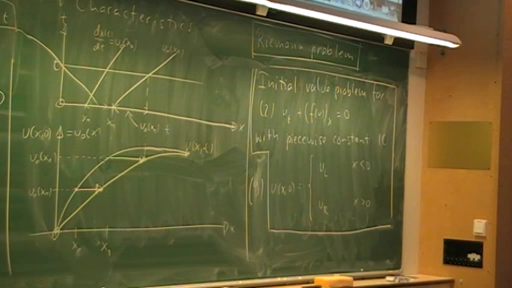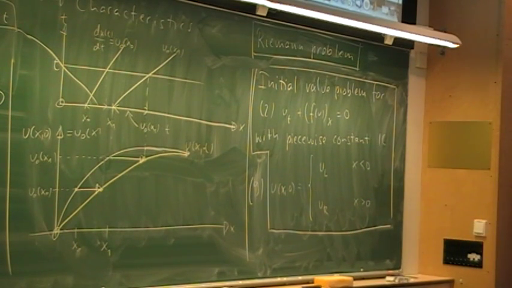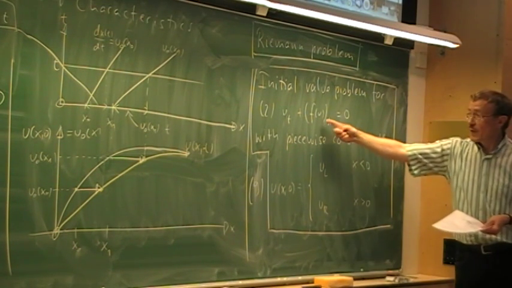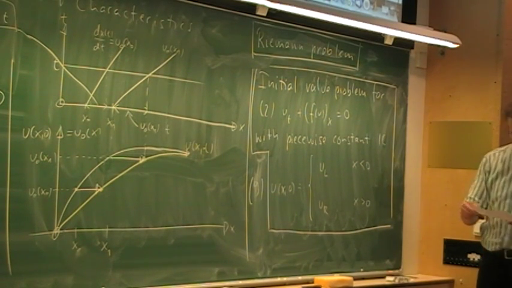So we have an initial condition that is constant to the left of 0 with ul and constant to the right with ur. And with that initial condition, we want to solve the 1D scalar conservation law. The name is due to Bernhard Riemann, the mathematician who investigated such problems.